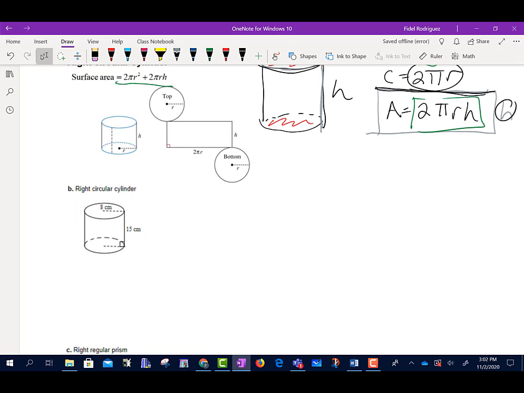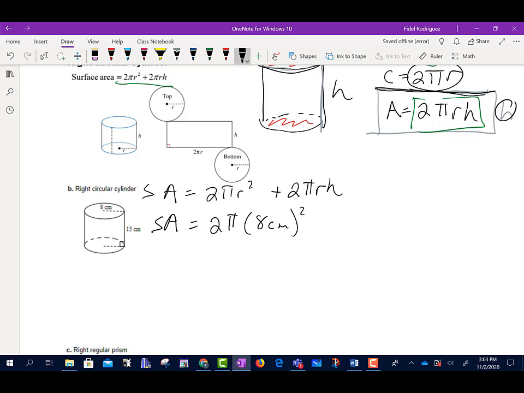All right. So let's see if we can figure out this next problem here. I'm going to write down my formula. Surface area equals 2 pi r squared plus 2 pi r h. So 2 pi, our radius in this case is 8 centimeters squared, plus 2 pi, my radius again is 8 centimeters, and my height is 15 centimeters.